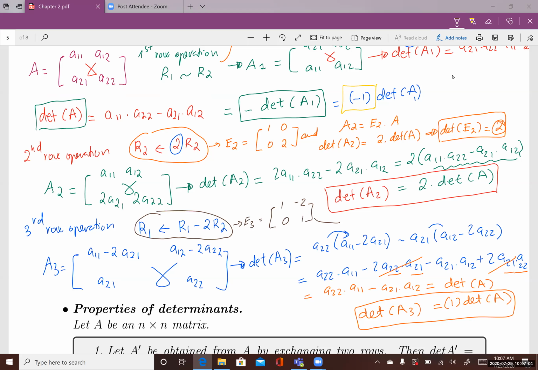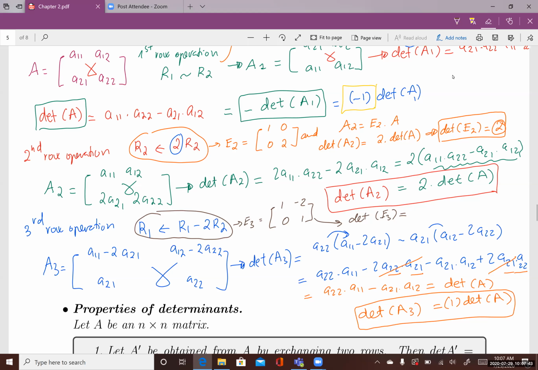Then you find the determinant of E3. Hold on, E3 starting with 1, 0, 0, 1.